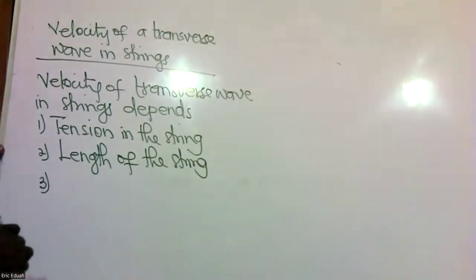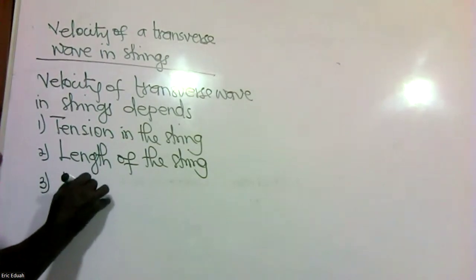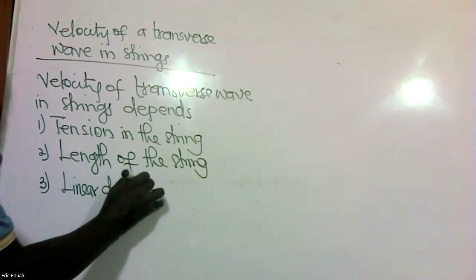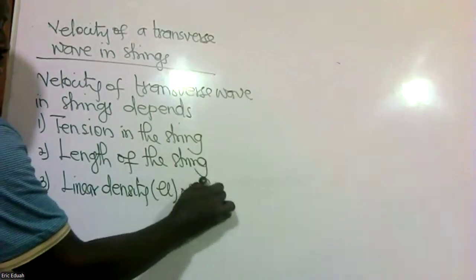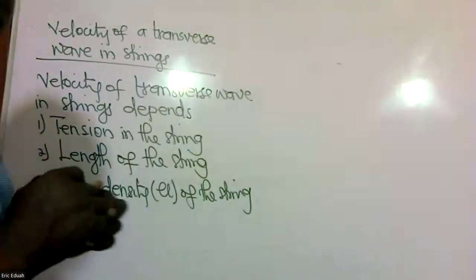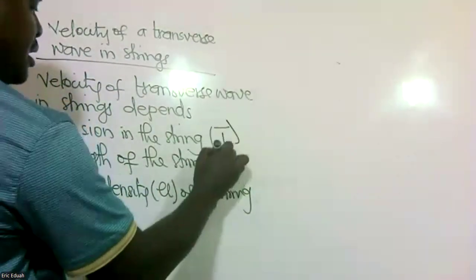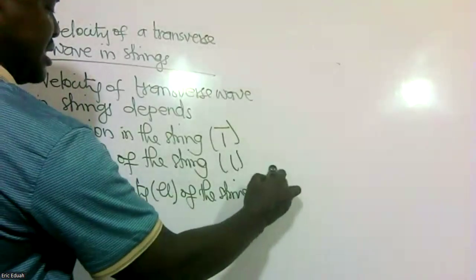And the third one is that it also depends on the linear density mu of the string. So the tension T, length L, then the linear density mu.